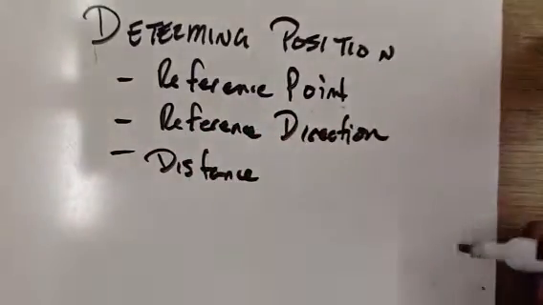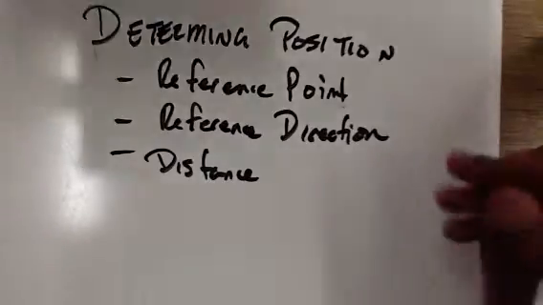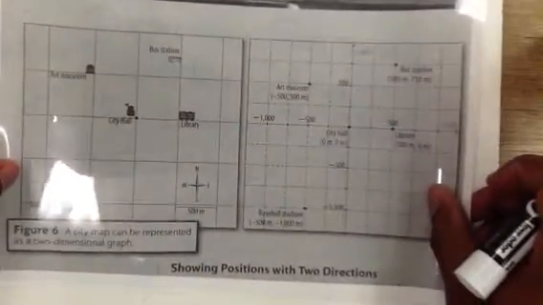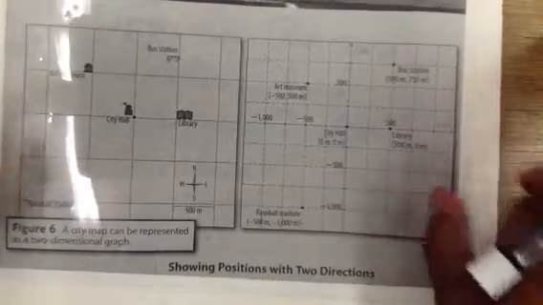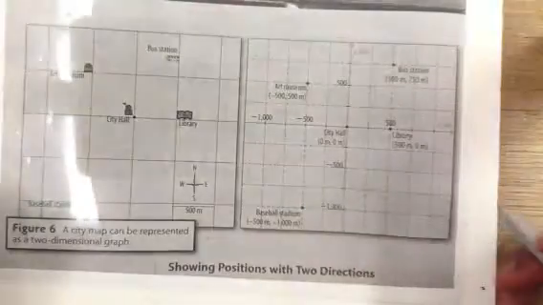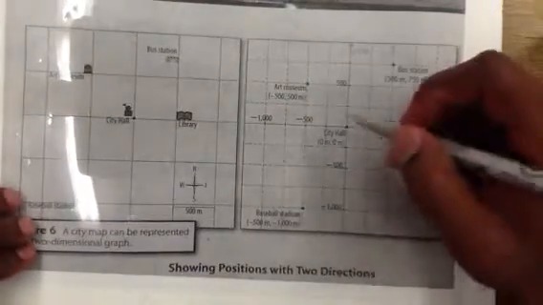And you're going to see this example here now. So here we have some maps of a city. Sometimes we don't use this a whole lot in my class, but let's say we're here at City Hall.